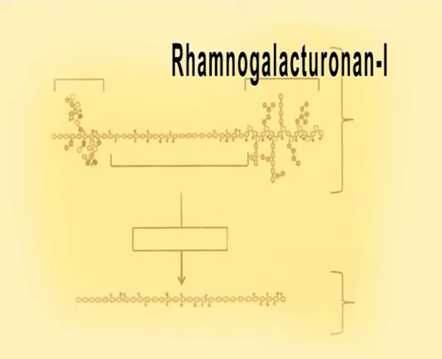Rhamnogalacturonan 1 consists of repeating units of the disaccharide alpha 1 to 2 L-rhamnose alpha 1,4 D-galacturonic acid. Galacturonic acid residues can be O-acetylated at C2 or C3, while 20 to 80% of rhamnose residues can be substituted at C4 or C3 with neutral sugar side chains.